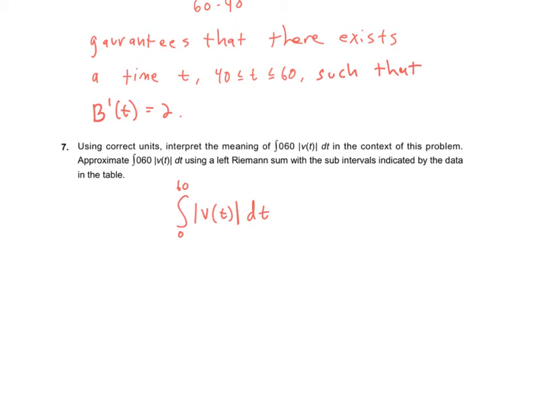Okay, so just remember, if you take an integral of velocity, it's going to give you some type of position. It's going to have something to do with position. And so in this case, any time you take an integral of absolute value of velocity, that's really total distance traveled.